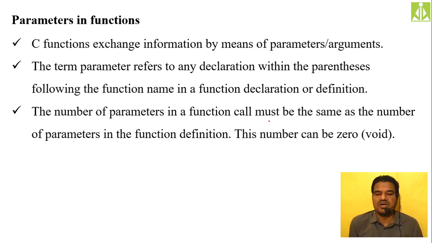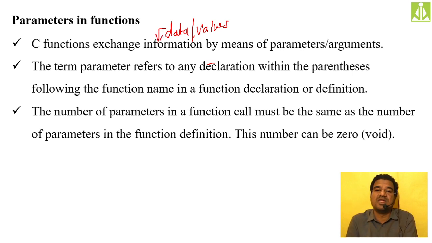Information is nothing but your data only, the data content, or the values, whatever we are storing inside our programs; all those we can call information. So C functions exchange information by means of parameters or arguments.